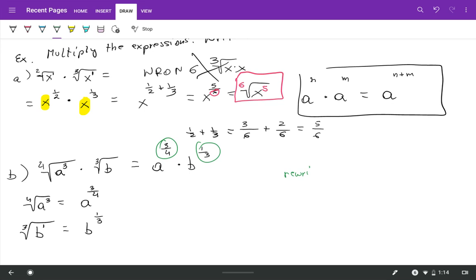Just give me a second, because this one is a little different. Look what happened: we have different bases. When you have different bases, what you want to do with those exponents is rewrite the powers using a common denominator.